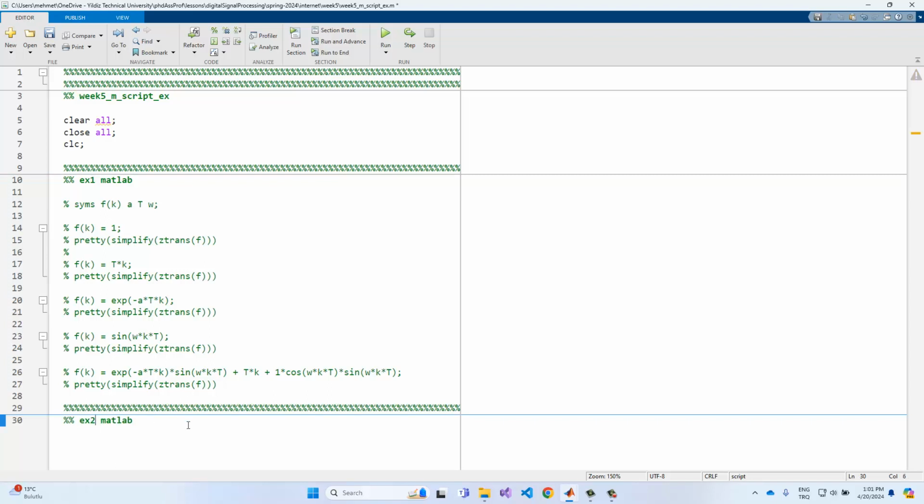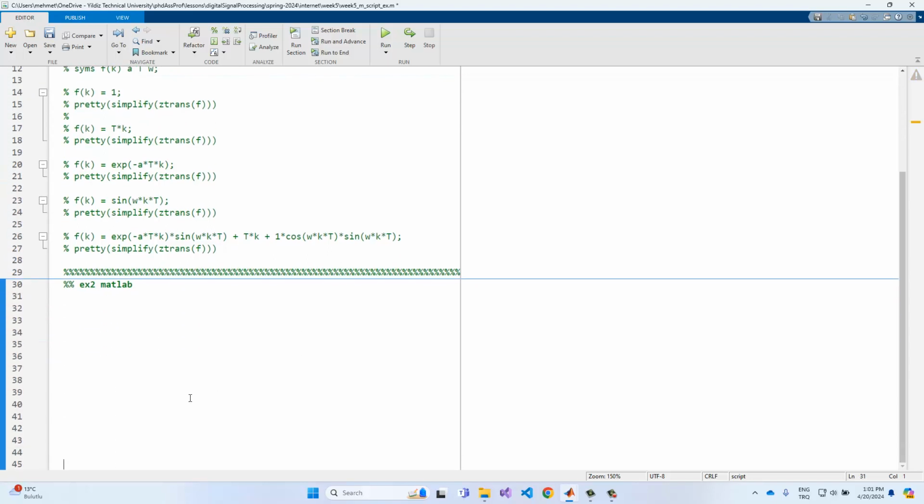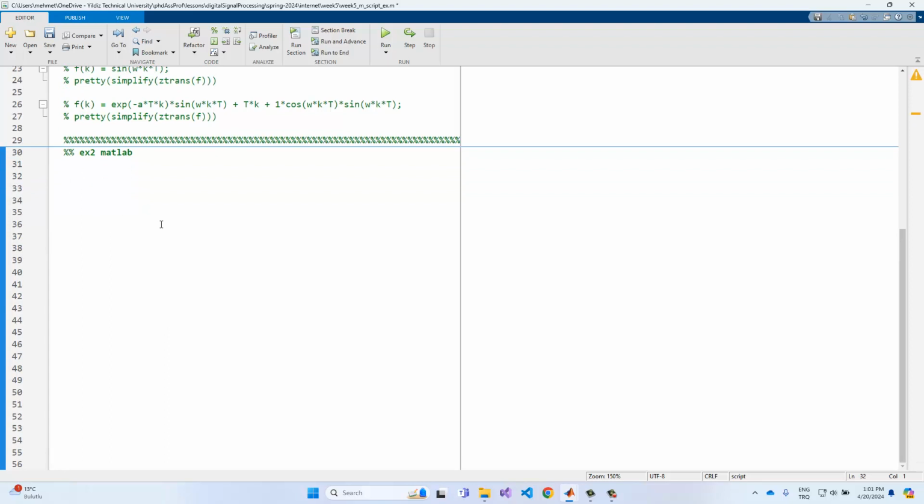The other example is directly related to the transfer function definition in the Z transformation domain. In the first place we can define num as 2 0, and den can be defined as 1 minus 0.5 and 0.25.